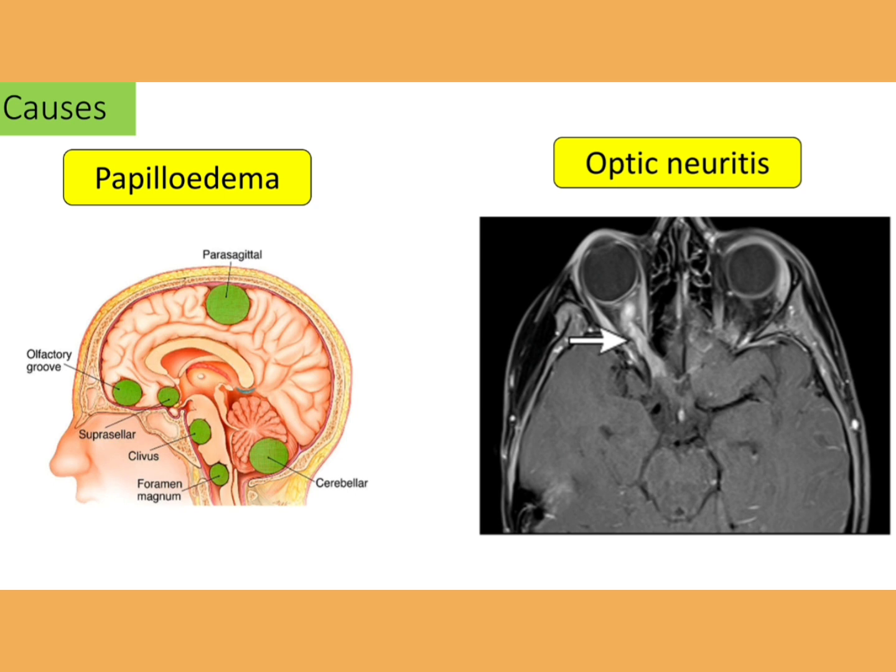Neuromyelitis optica is an inflammatory demyelinating disease involving the optic nerve and spinal cord. In myelin oligodendrocyte glycoprotein disorder, the optic disc, spinal cord and brain neurons get inflamed at a time. So these are the causes for optic neuritis.